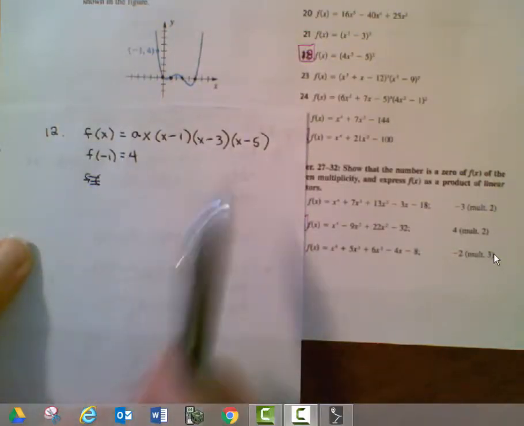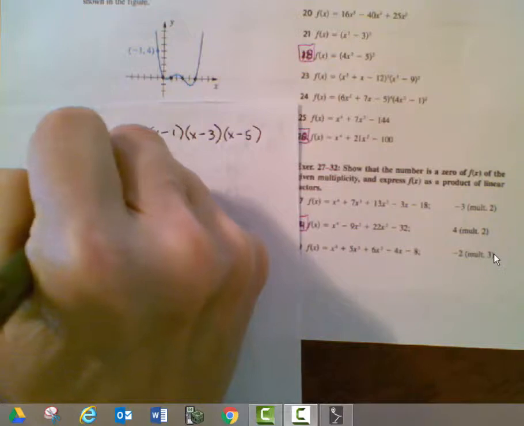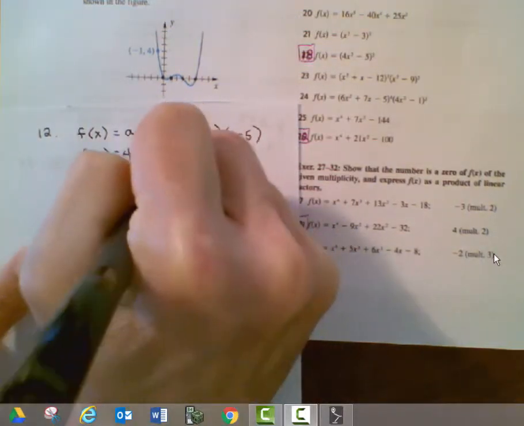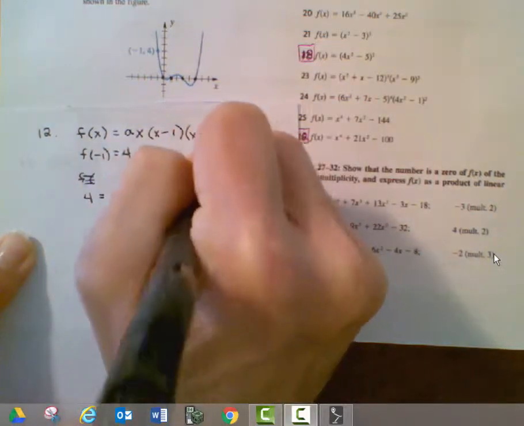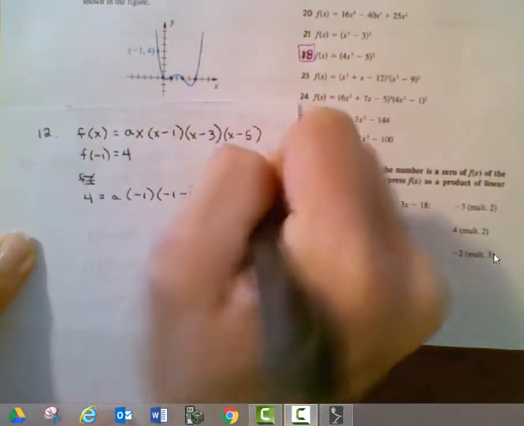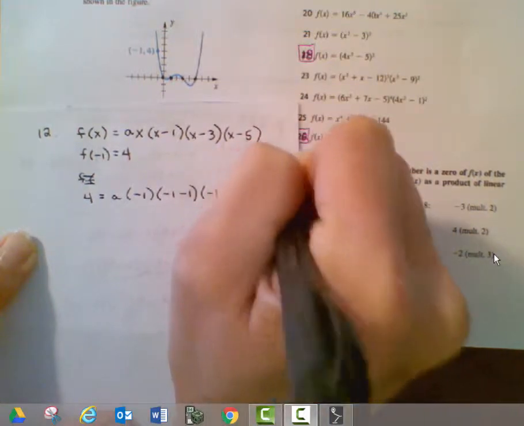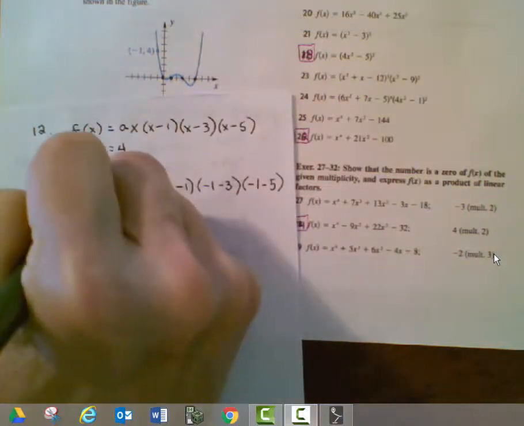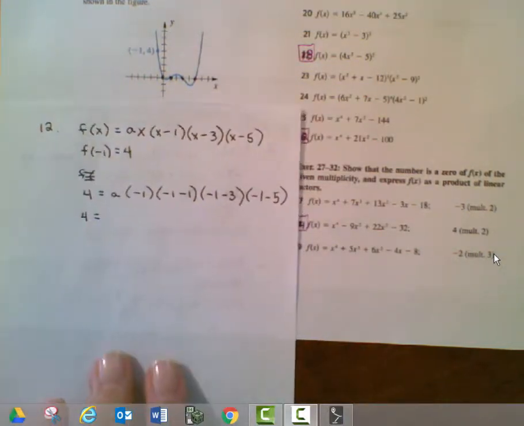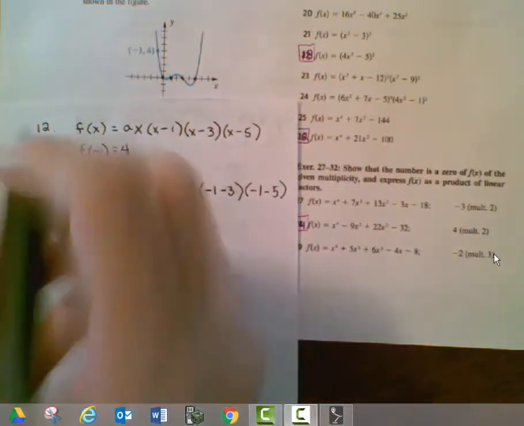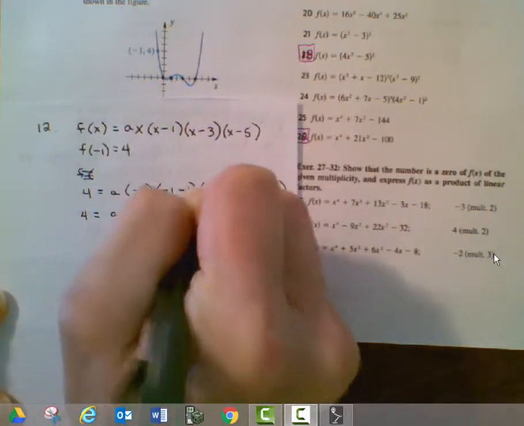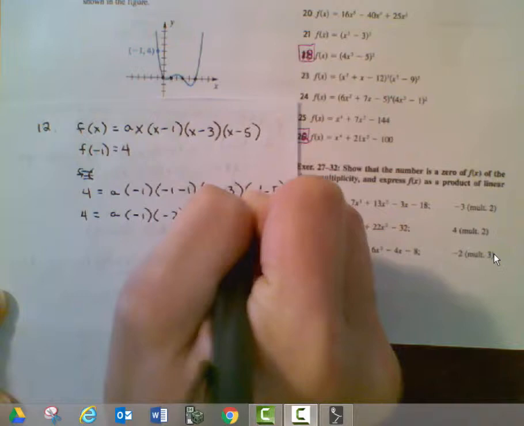If I let all those x's be -1, then y will be 4. And on the right hand side, when I clean that up, I'm going to have a times -1 times -2 times -4 times -6.